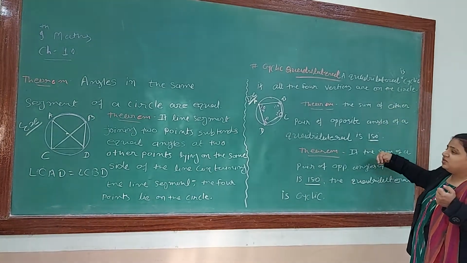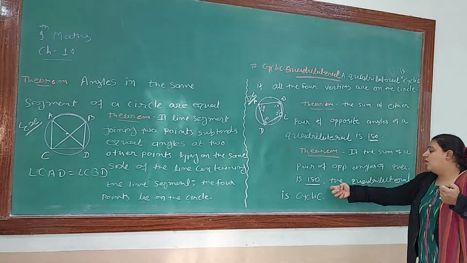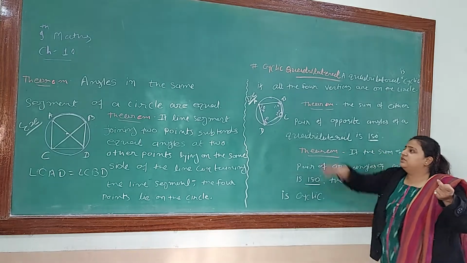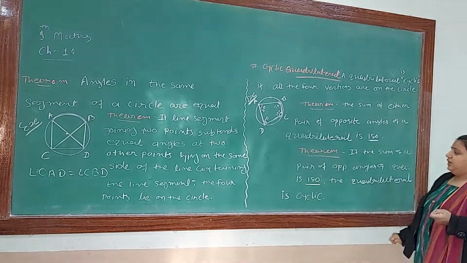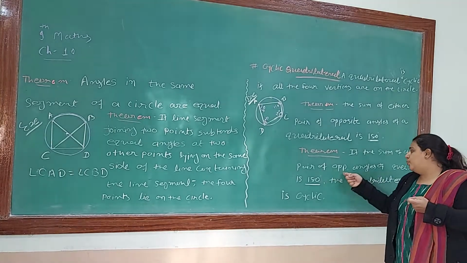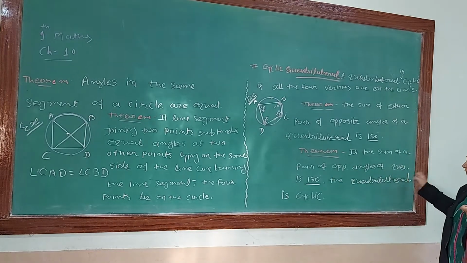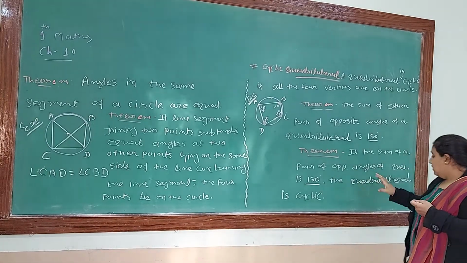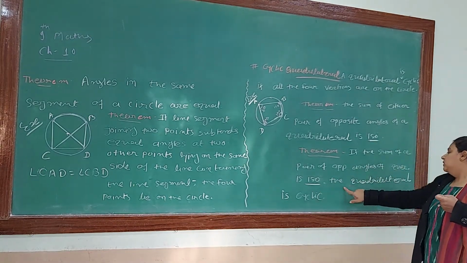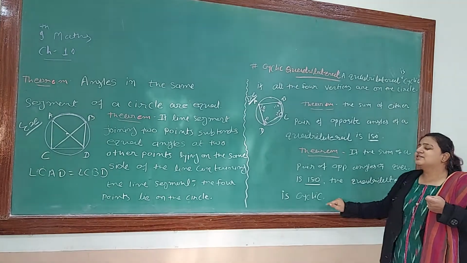And the vice versa theorem: if the sum of two opposite angles is 180, that means it is a cyclic quadrilateral. Let me read. If the sum of a pair of opposite angles of a quadrilateral is 180, the quadrilateral is cyclic.